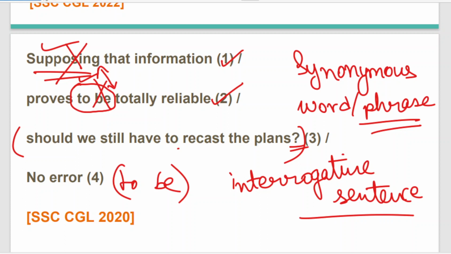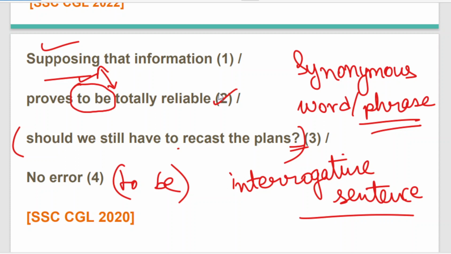You have to mark either one or two, either of them. You can just mark the option according to your choice. In this sentence I'm just choosing option 2, but you can also choose option 1. So the corrected sentence is, "Supposing that information proves totally reliable, should we still have to recast the plans?"